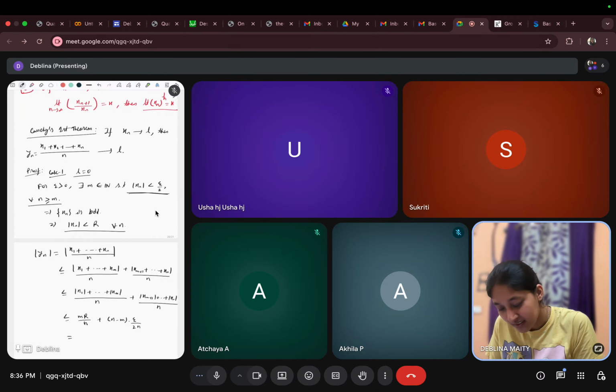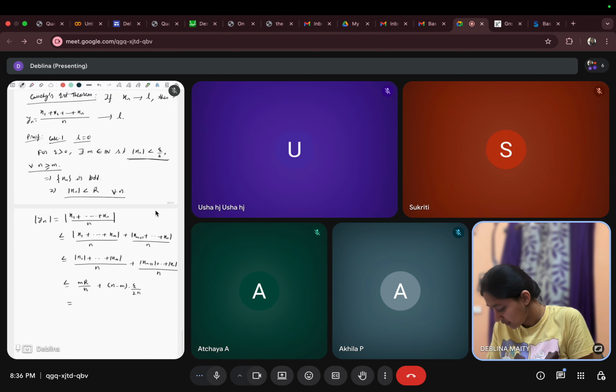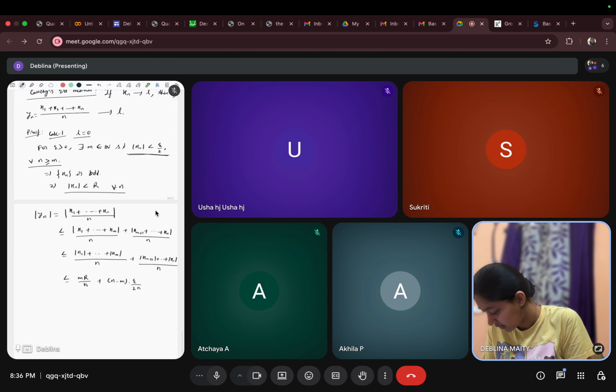Now if we sum it, we'll see that... now choose n1 belonging to N such that n1 is greater than m and r by n1 is less than epsilon by 2m.